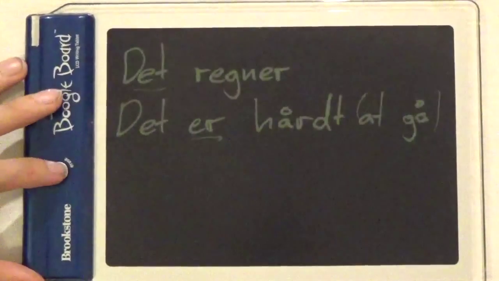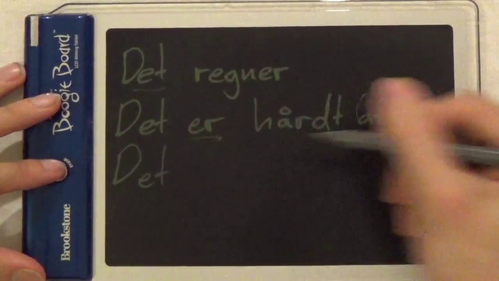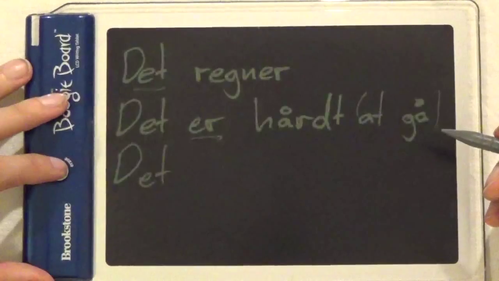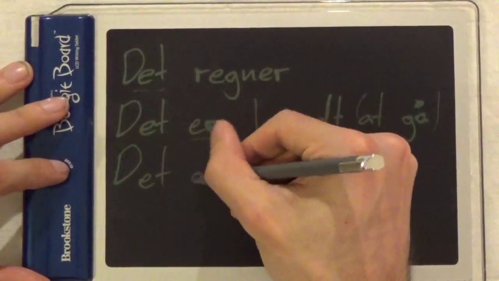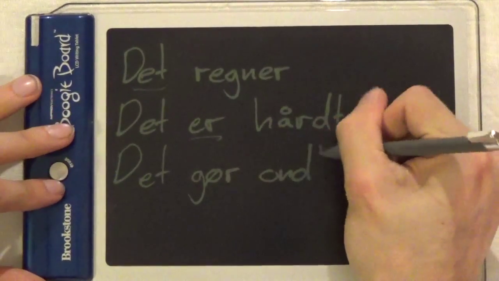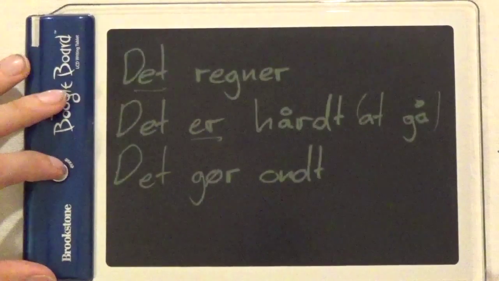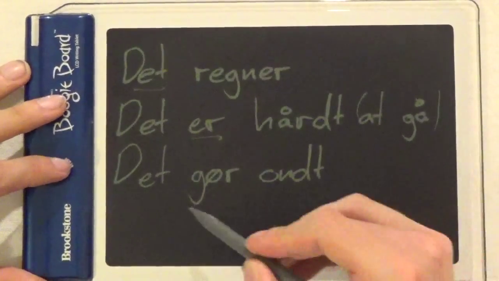Now let's have another example where we're going to perhaps diverge a little bit more from the way it is in English, but still sort of follow the pattern here. Det gør ondt. Now this is a common expression. The words already mean something on their own.